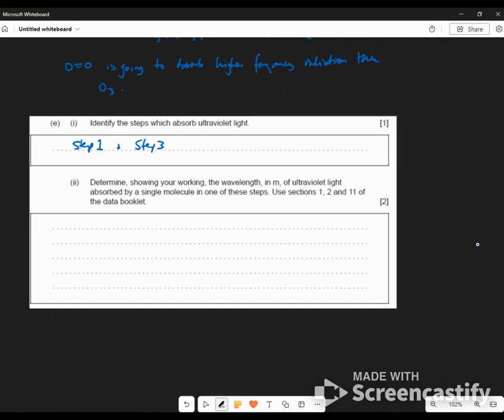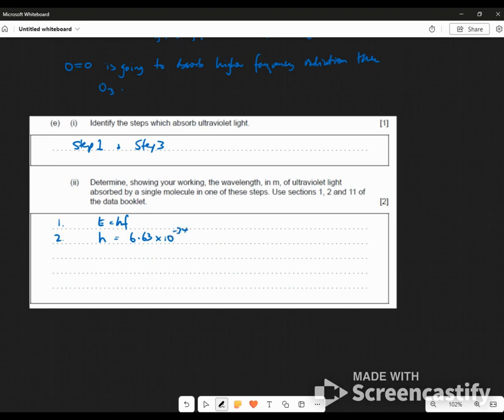Determine, showing your work, the wavelength in meters of ultraviolet light absorbed by a single molecule in the steps, using sections 1, 2, and 11 of the data booklet. Using section 1, we get energy equals hf, which we know already. Section 2 gives us Planck's constant, roughly 6.63 times 10 to the minus 34.